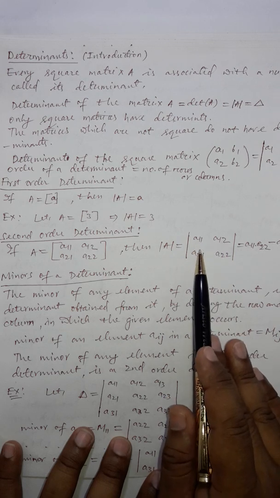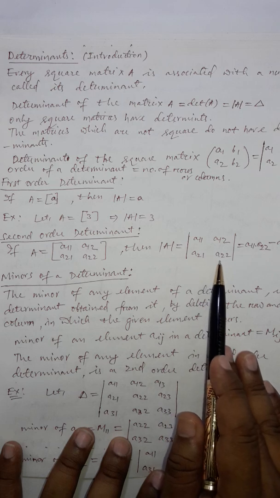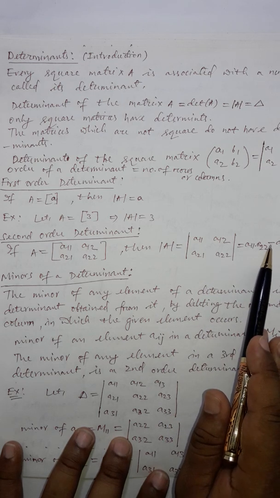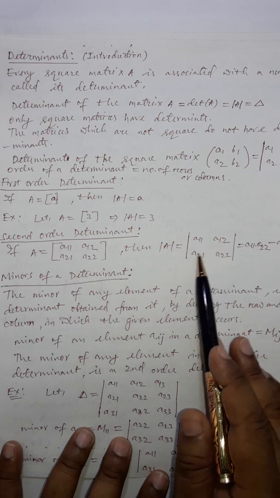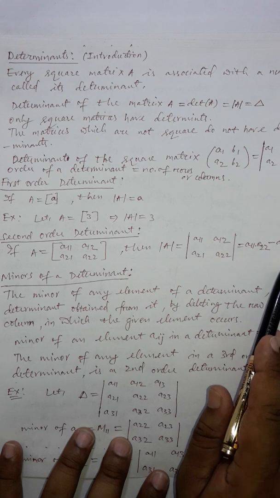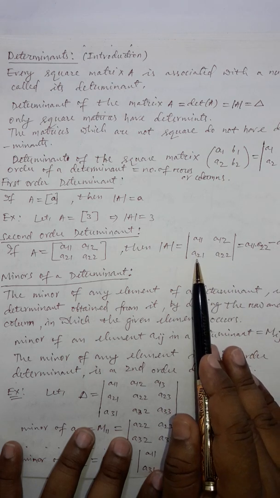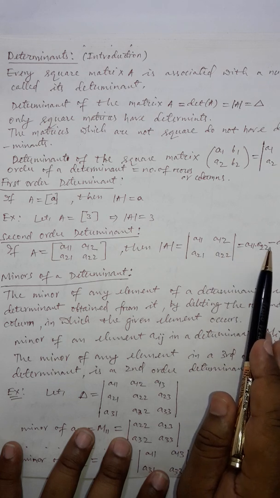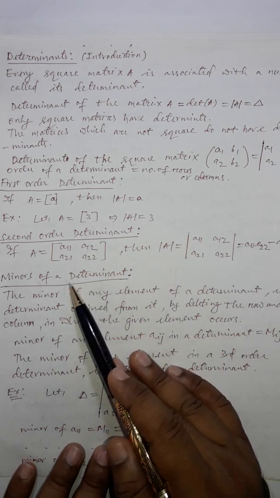You multiply the left side diagonal elements a11 with a22 and from that you subtract the product of the other diagonal elements, a21 with a12. So, a11 into a22 minus a21 into a12 is equal to the determinant value of this second order matrix.